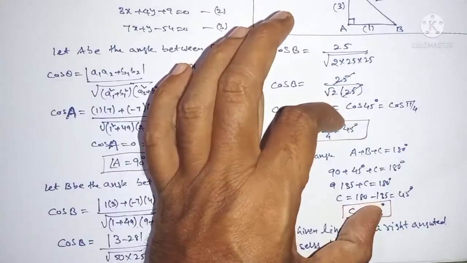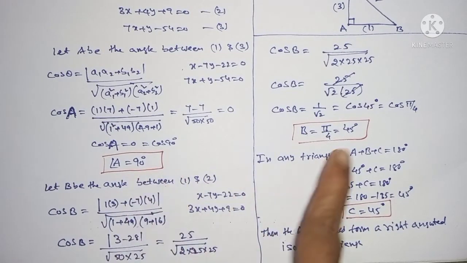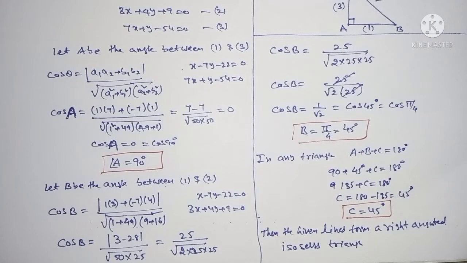These two angles are equal and one is 90 degrees. Therefore this is a right angle, this is an isosceles. Therefore the given lines are, you can say that, a right angle and isosceles triangle.